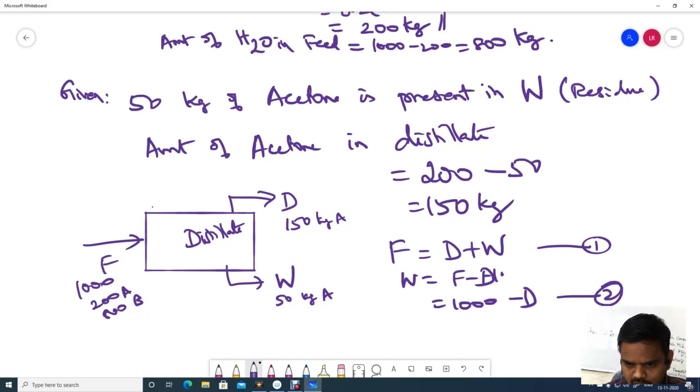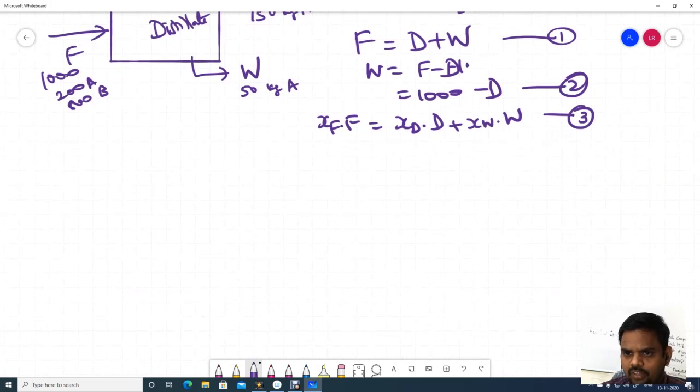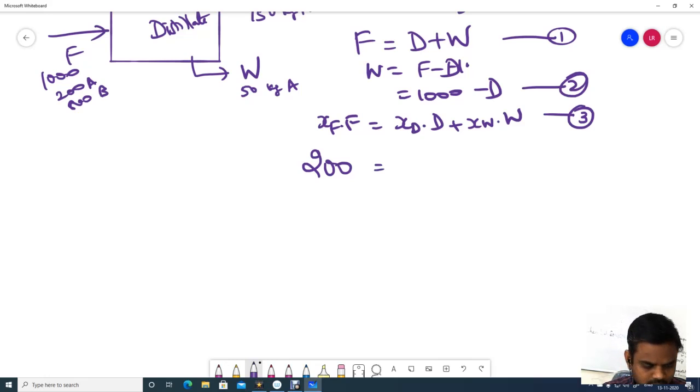So this is overall material balance, and individual material balance already I have done it. That is XF into F is equal to XD into D plus XW into W. Let it be equation number 3. So what we have is, already we have calculated the amount, right? So that is 200 equal to, so this is given. So XD value is given.